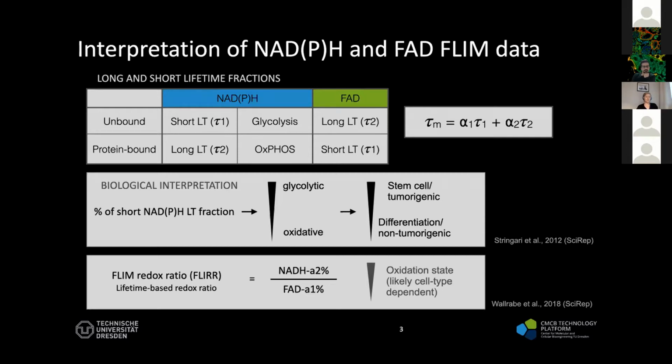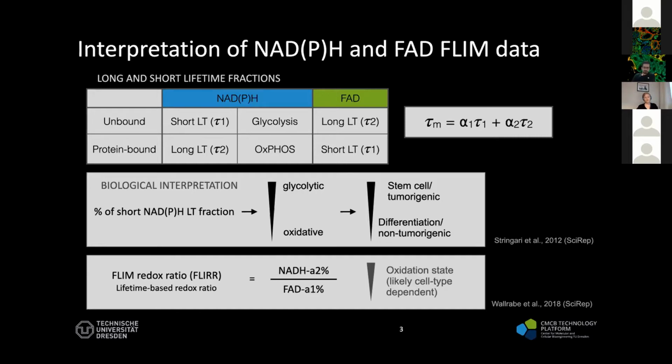Previously, the redox ratio has been used intensively, but these measurements were based on intensity, meaning that you compare the intensities or ratios of NADH fluorescence and FAD fluorescence. And here, the relative lifetime proportions of both bound forms of NADH and of FAD are compared.